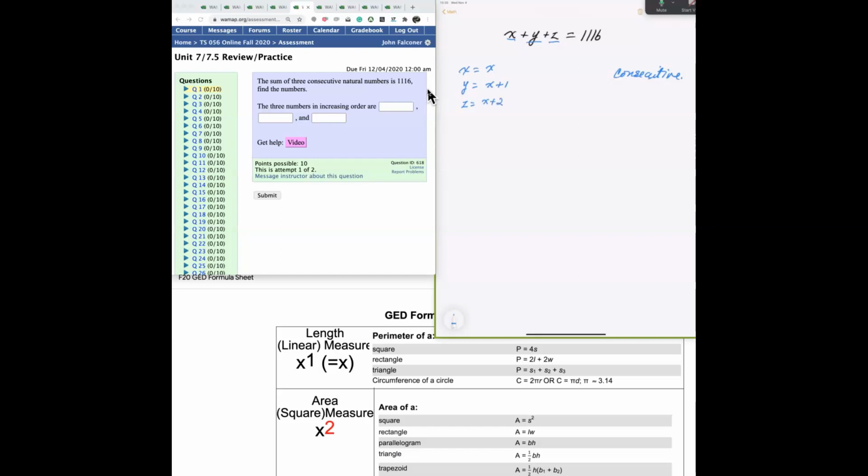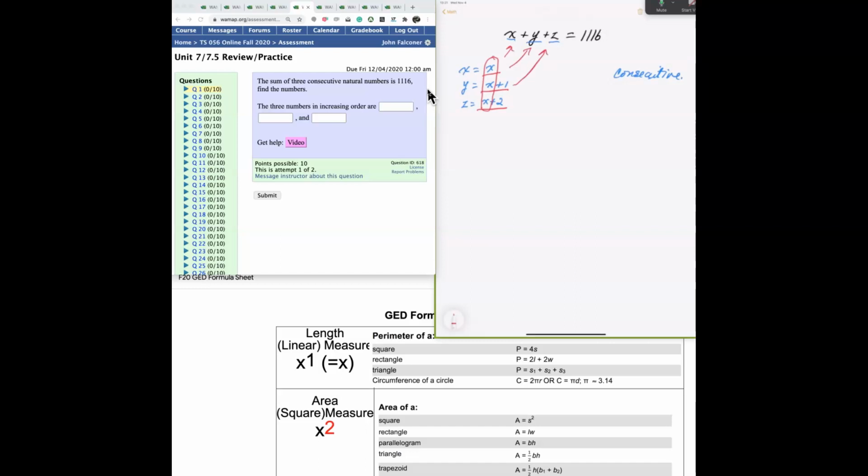Being able to define these terms all in terms of x gives us just one variable to solve for. And now we're going to substitute these values, x, x plus 1, x plus 2, for the x, the y, and the z in this equation.